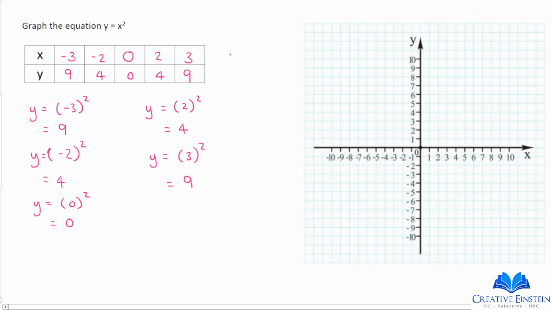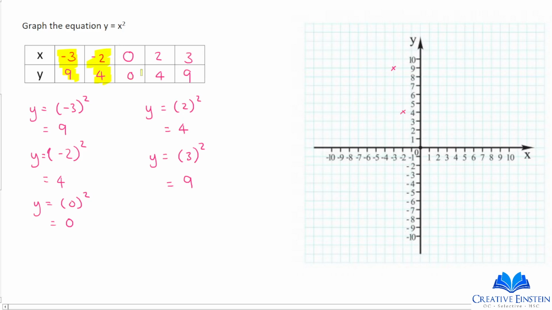Now that I have my numbers, let's get started on the graph. So we have -3 and 9. So -3 and 9 is right there. We have -2 and 4. So I've got -2 and 4. There we go.